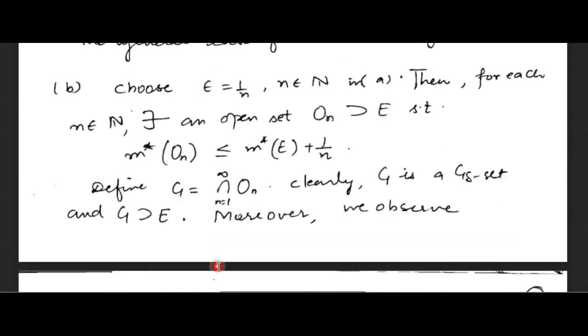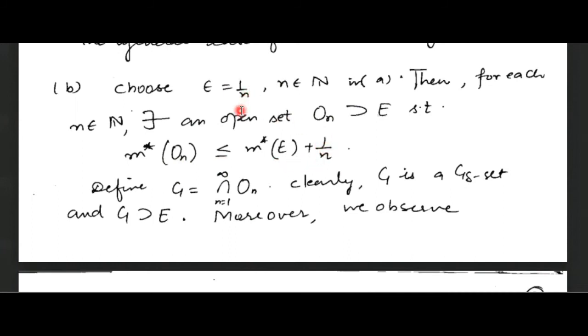Now see the proof. In the first part, corresponding to E, we always have an open set O which contains E such that it satisfies this inequality. So precisely, we choose epsilon to be 1/n, and corresponding to 1/n, we choose an open set O_n which contains E. Means if you take epsilon to be 1, then there exists an open set O_1 which contains E, satisfying that the outer measure of O_1 is less than or equal to outer measure of E plus 1.